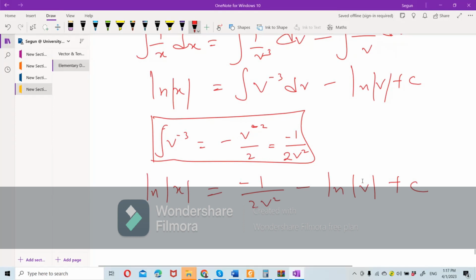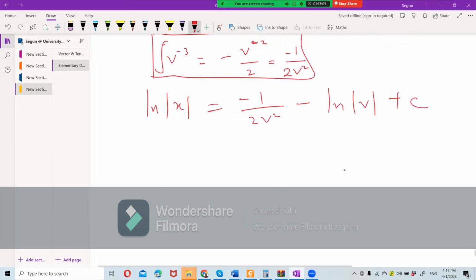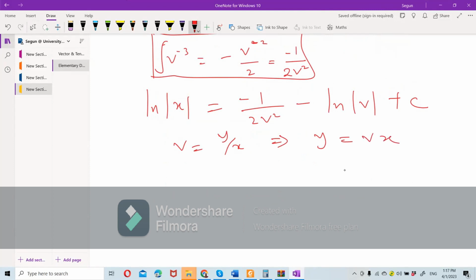But don't forget, we have our v equal to y over x, which implies our y is equal to vx.